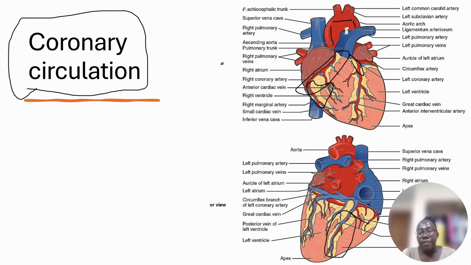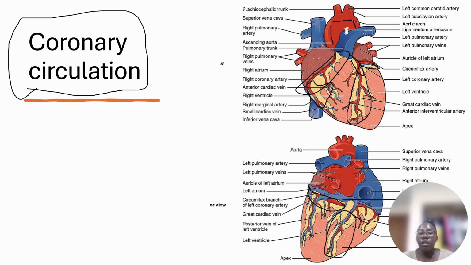And we have the left coronary artery, which is going to branch out into the circumflex here, which is an artery that goes around the heart. You can see it here in the posterior view also, how it goes around the heart. And also we have the anterior interventricular artery.